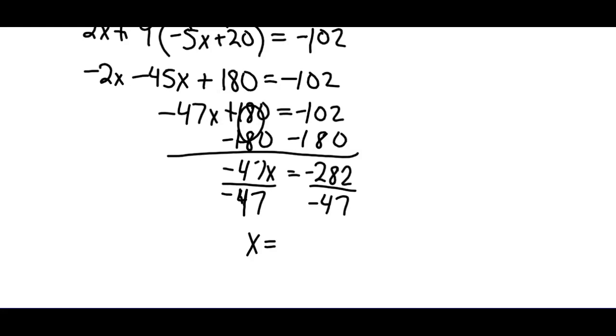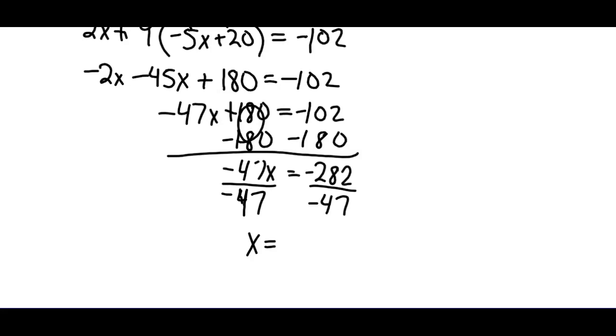So I need that to be 1x, right? I need that to be 1x. Because otherwise this will turn out to be negative. Only the 47 will come from the negative. This is a negative 282 divided by the negative 47. Gives you a positive 6. Oops, sorry.